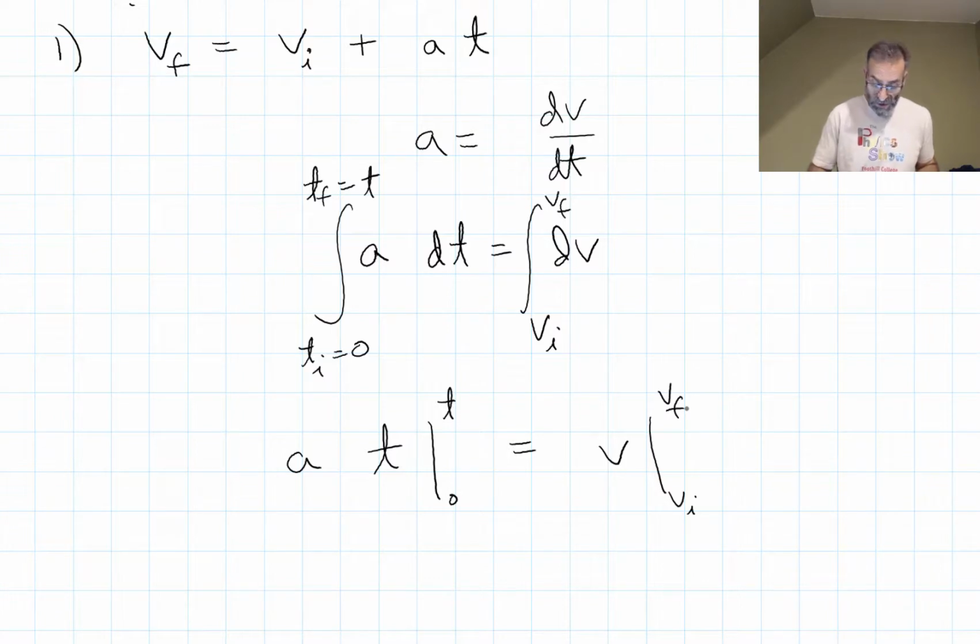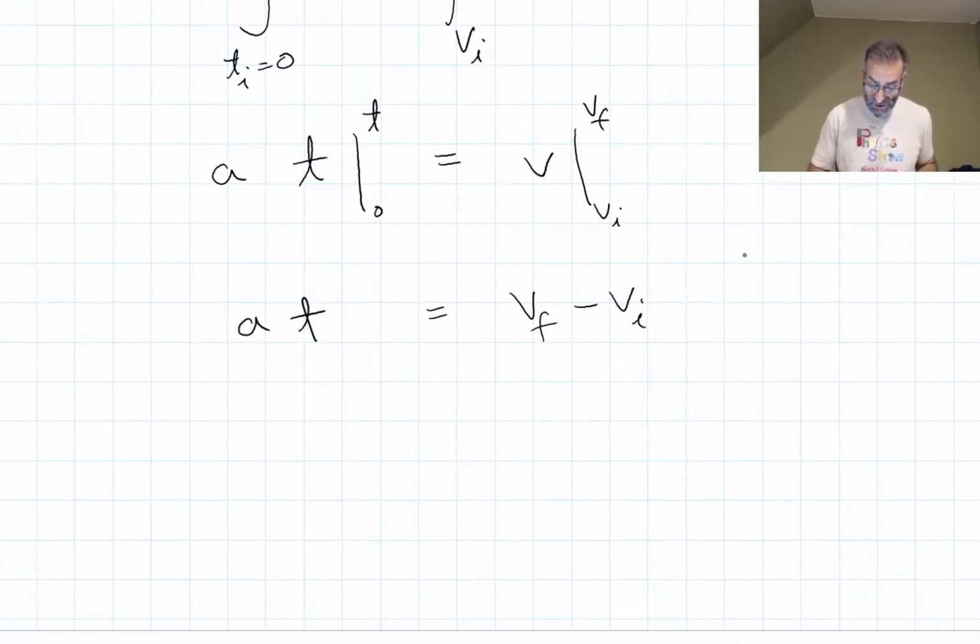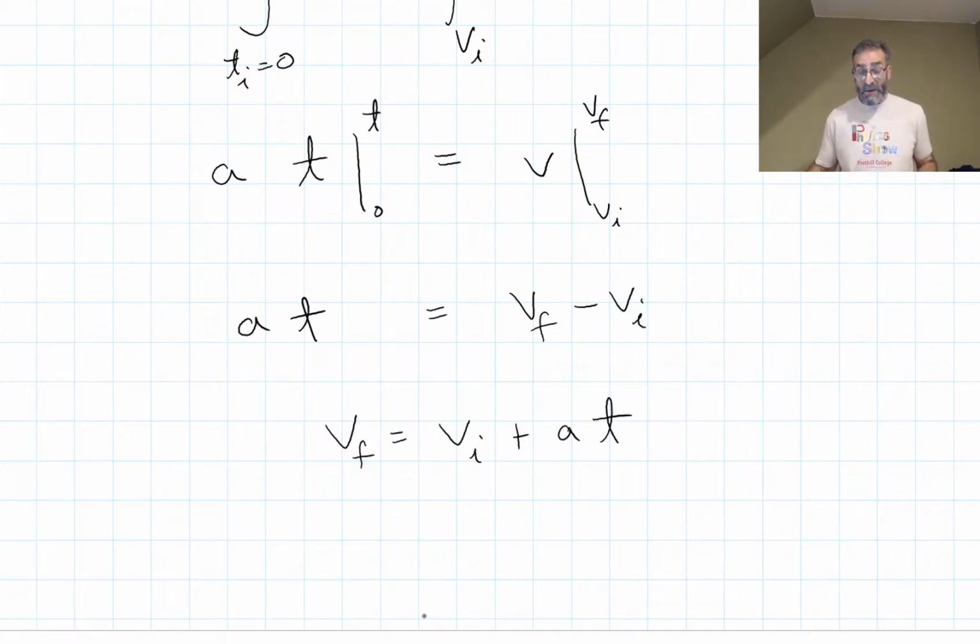So when we evaluate our limits, we get at minus 0 on the left side of our equation, and v final minus v initial on the right side. Rearranging, we get equation 1.